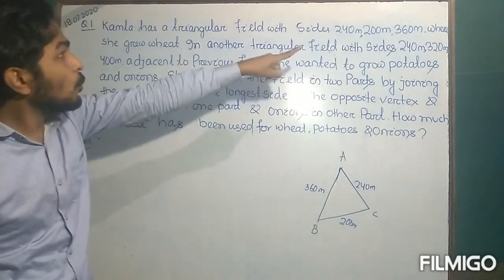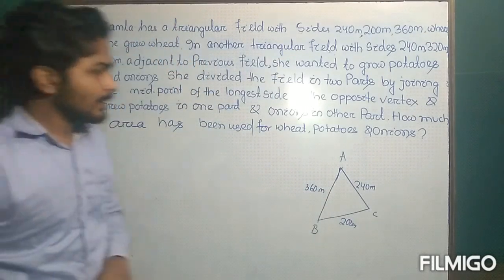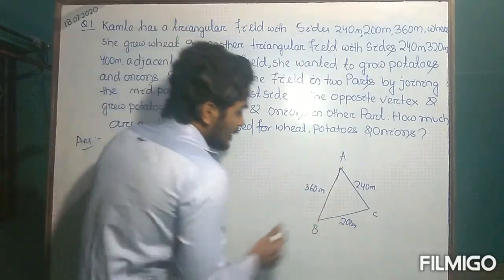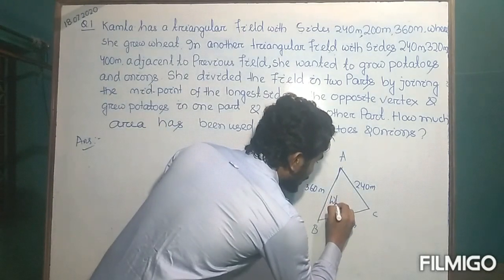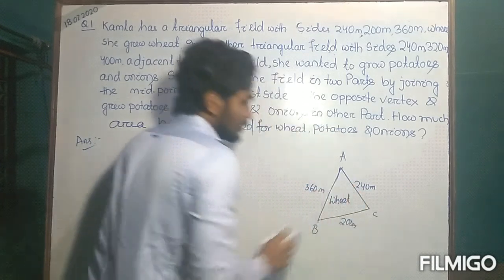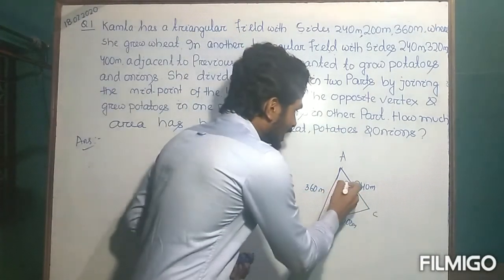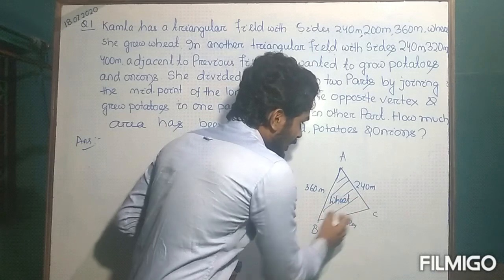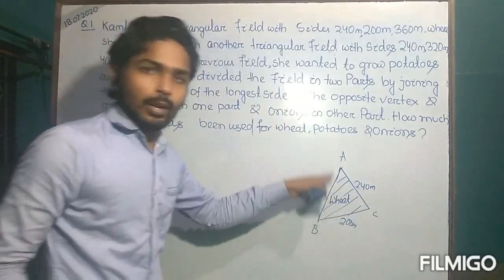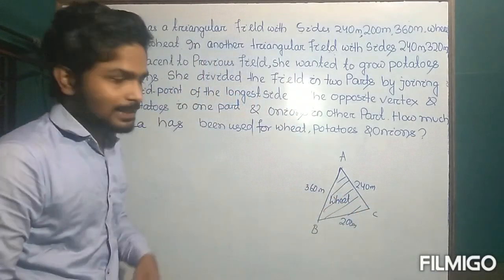Now continue reading. She grew wheat in this field, so wheat should be grown inside this closed triangular space.